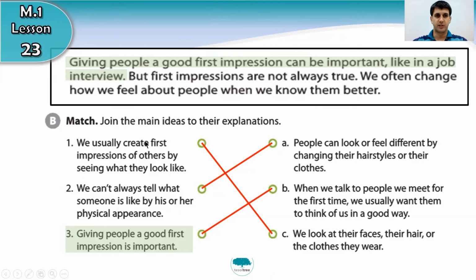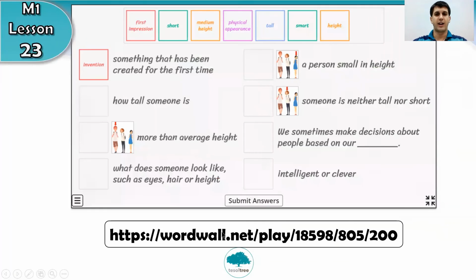So those are the answers to part B. Check your answers. Now, finally, we have this game. If you follow this link, it will be in line group. Follow the link and you can play the game. Okay? You need to match the words and the sentences. Sometimes picture as well.